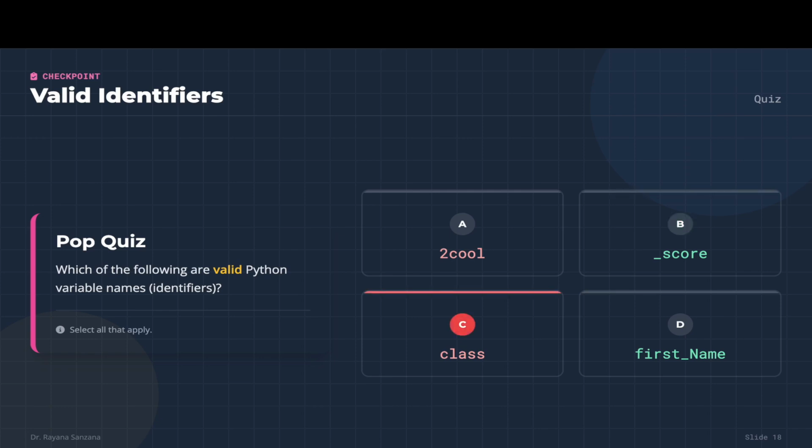This is a reserved Python keyword used for defining classes. D, first_Name: valid, because it contains letters and underscores and does not start with a digit. The camel case-ish style mixed with snake case, but it's syntactically valid.